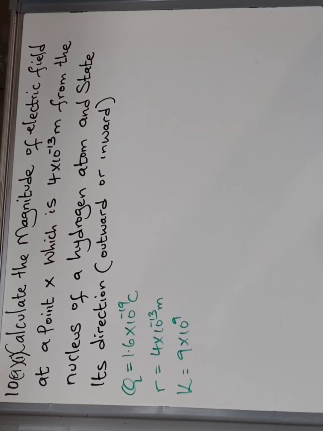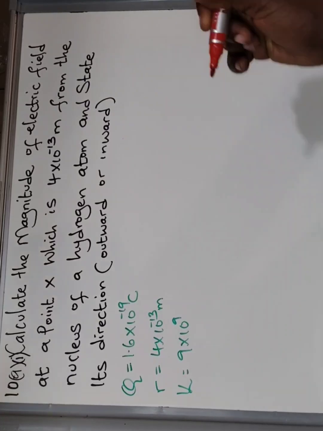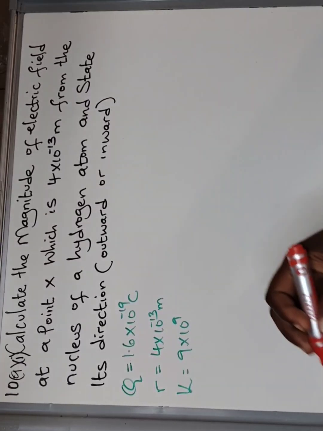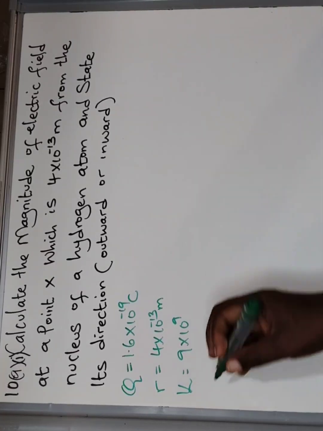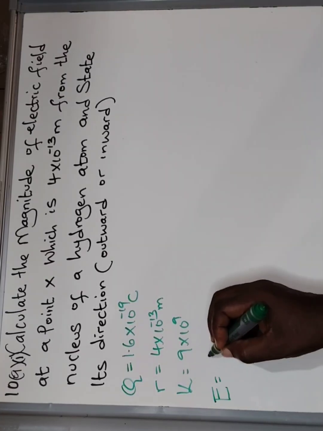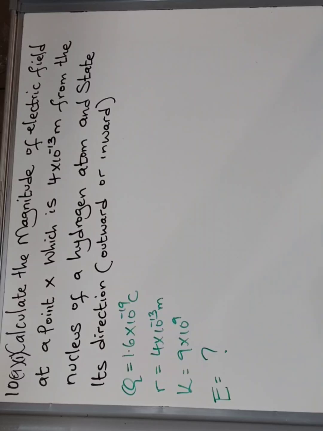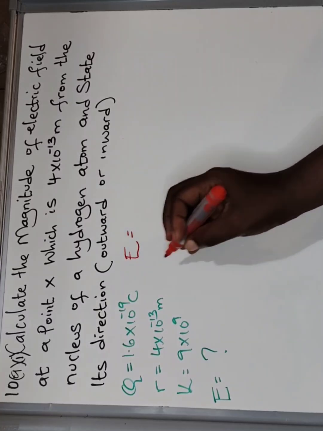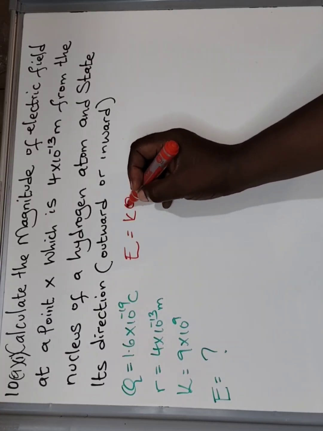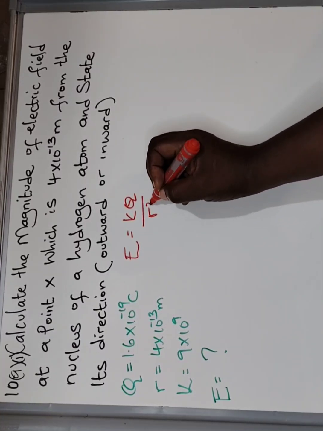Now we are back to the question, and we are looking for our unknown. They said electric field, so our unknown is E. The data suggests that we are going to use the equation E equals KQ over R squared.